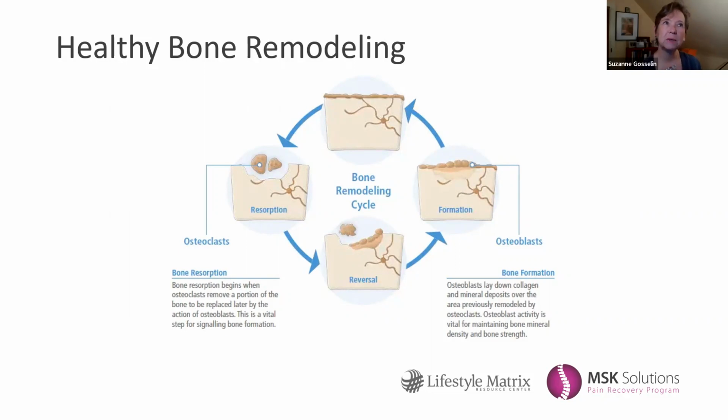Healthy bone is the result of a healthy balance between resorption and formation. So in essence, every 10 years, we get a new skeleton as a result of this resorption and formation caused by the osteoclasts and the osteoblasts.